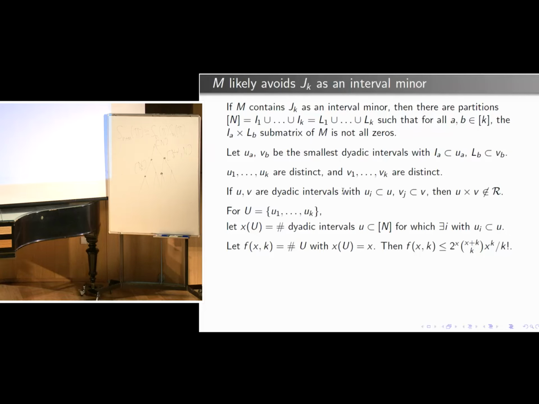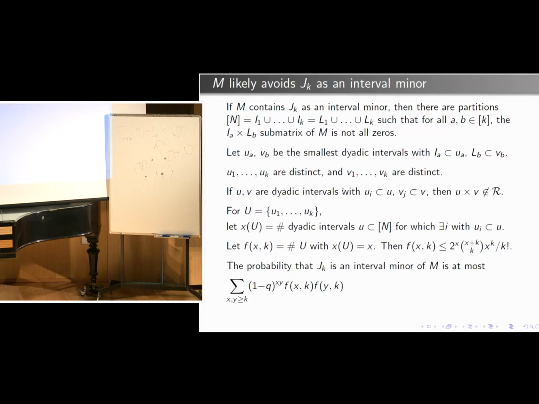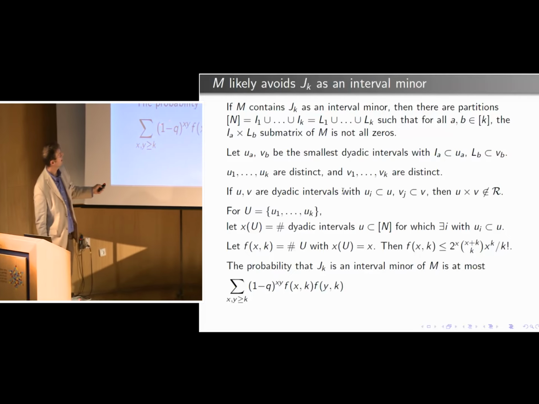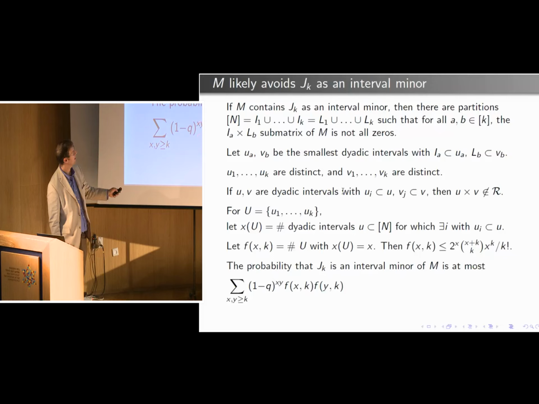But we want to bound this probability that we get jk as an interval minor, and so we can bound it above by, once we fix u and the set v, we get a probability 1 minus q to the xy, where x will be x of u and y will be x of v.